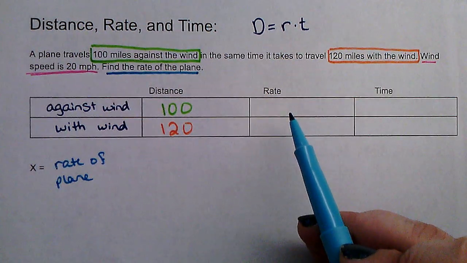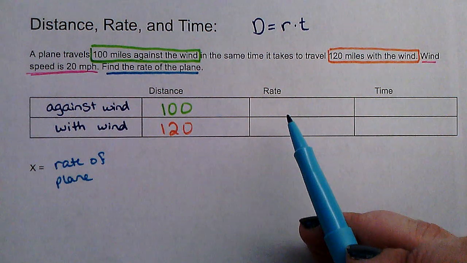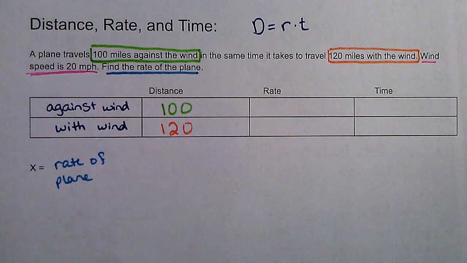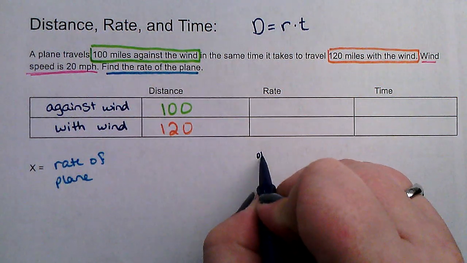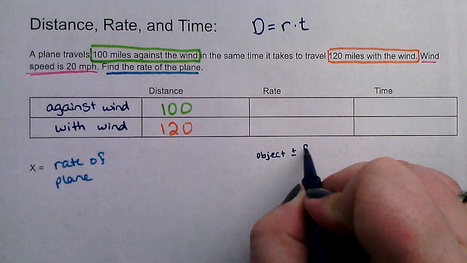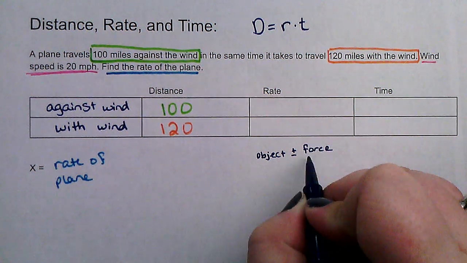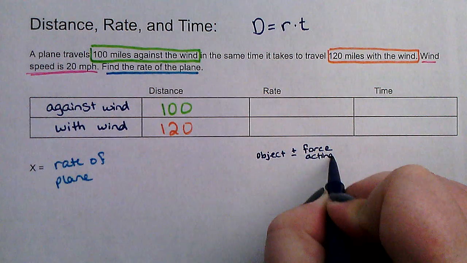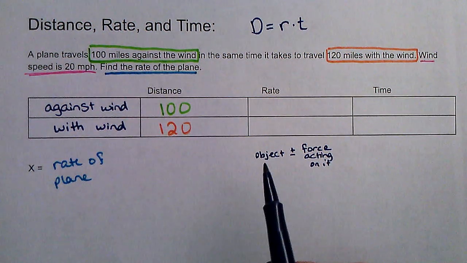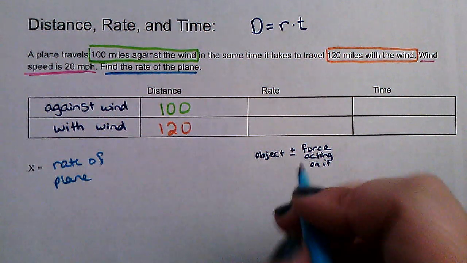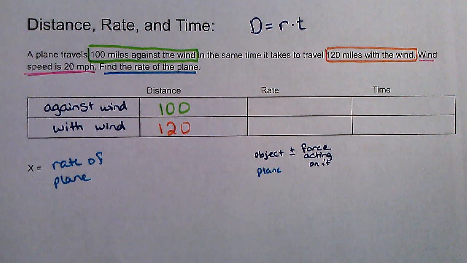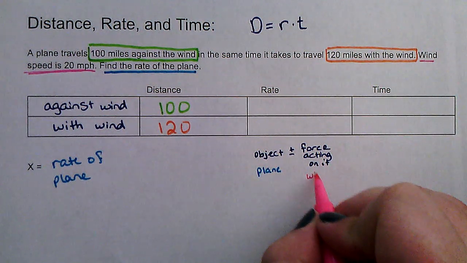So in my rate, I've got two things that are moving. The wind is moving and the plane is moving. When you are doing this, you always start with the object and then you do plus or minus the force acting on it. So in this case, the object is the plane, and the force acting on it is the wind.